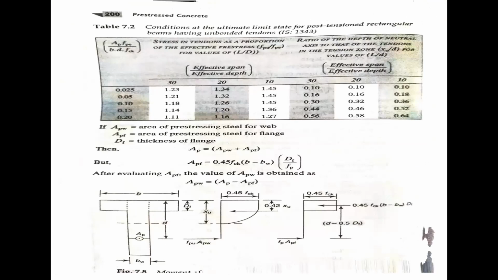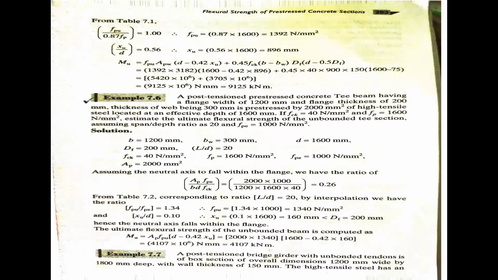Last class I explained examples 7.5, 7.4, 7.3, where I calculated flanged sections and one rectangular section using the pre-tensioning system. Now I will explain the post-tensioning system. I have to calculate the moment of resistance for T-beams. Okay, see the example problem 7.6.